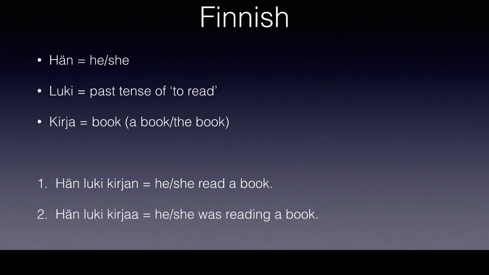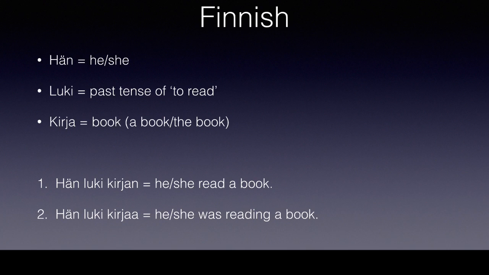Okay, first of all, I want to give you 3 words in Finnish. First of all, you've got the word hän, not hin, but hän. That means he or she. Finns don't make a difference there. Then we have luki, possibly, which is the past tense of the verb to read. And then kirja, which means book. It also means a book or the book.